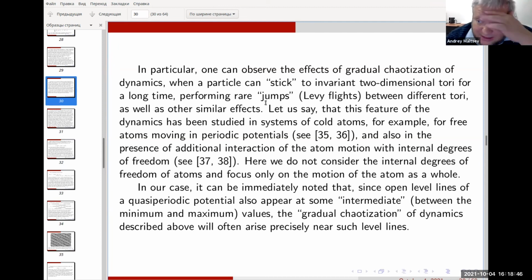And usually how it appears is that on lower energy levels, we mostly have an integrable situation, and on higher energy levels, we mostly have a chaotic, diffusion situation.